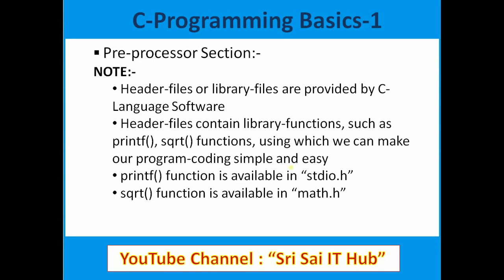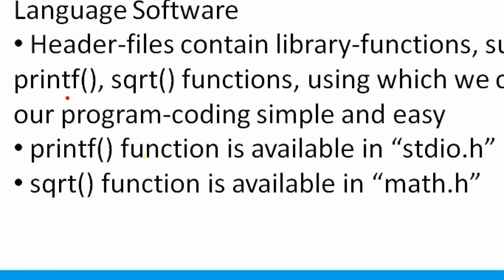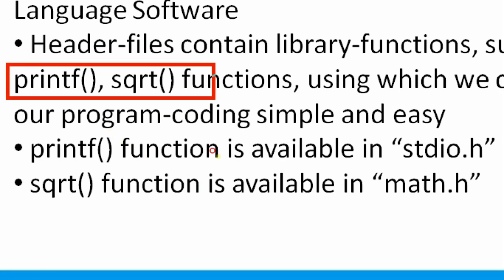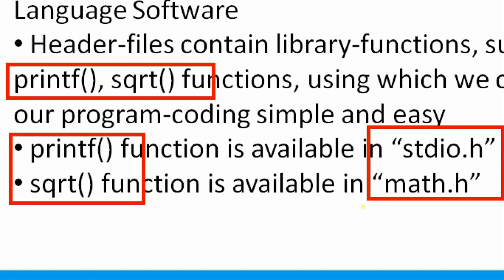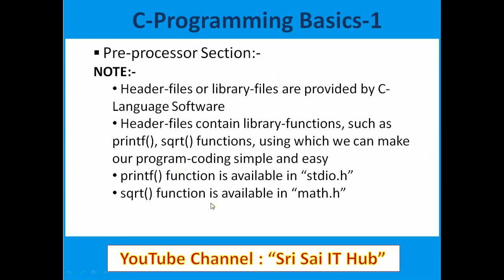For example, the printf function and the square root function are available in two different header files, stdio.h and math.h respectively. Using these library functions from header files, we can make our work in a program simpler and easier. So this is all about the preprocessor section.